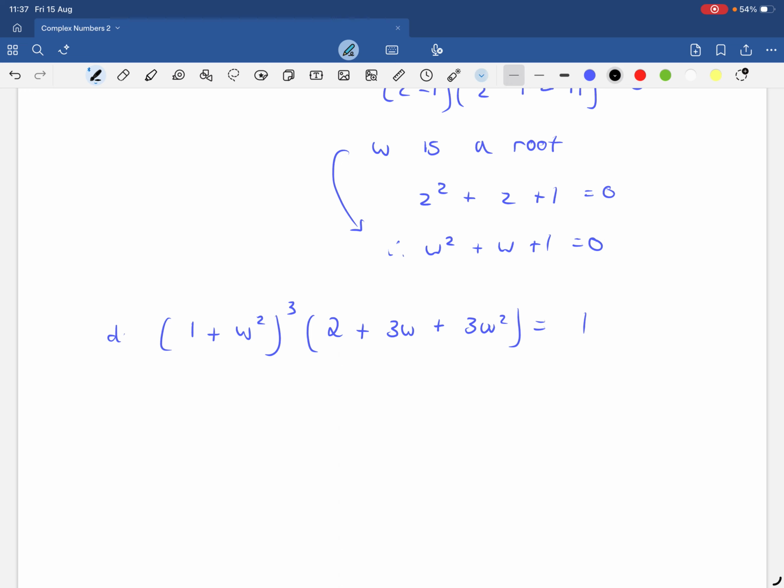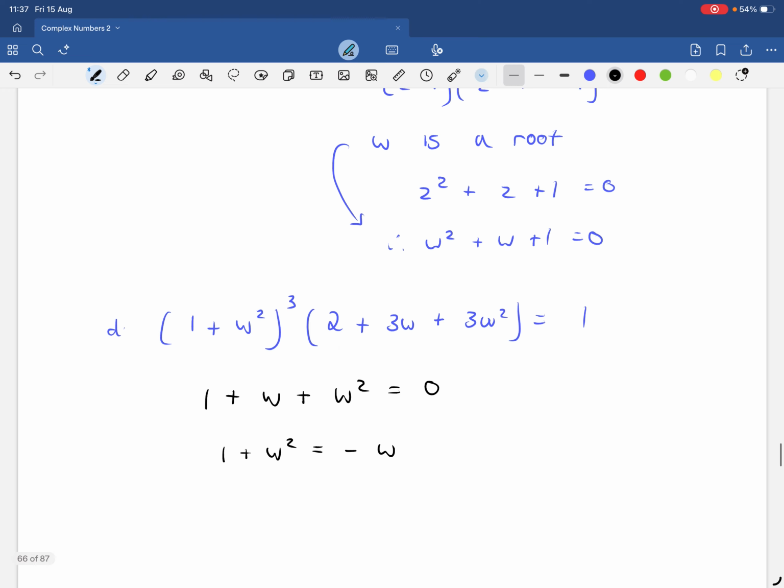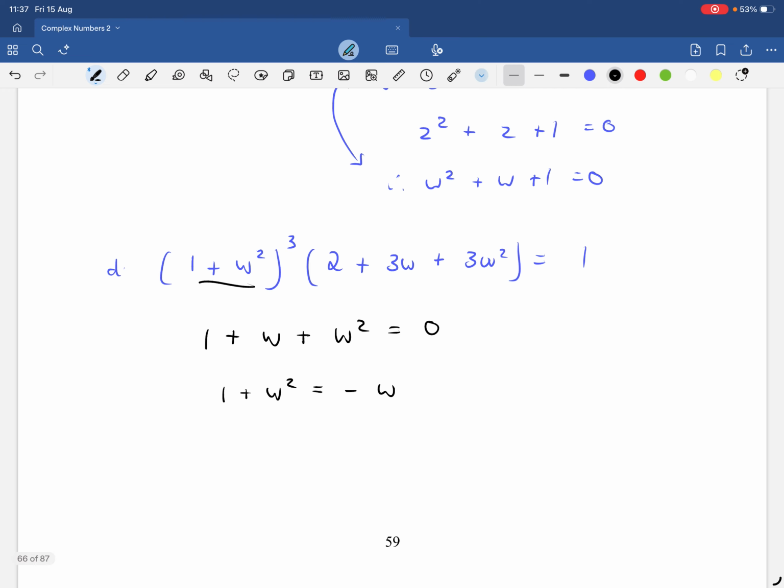Now we proved in an earlier part that 1 plus w plus w squared is equal to 0, which actually means 1 plus w squared is equal to minus w. So we can replace this with minus w cubed outside of 2 plus 3w plus 3w squared. We can't say it's equal to 1 at the moment because that's what I'm trying to prove.